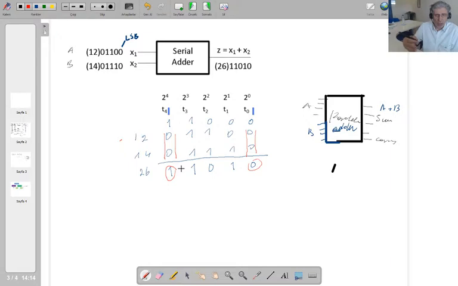This tells us this serial ladder is not a combinational circuit. Why is that? Because for the same input, you are getting different outputs. In a combinational circuit, we said if you know the inputs, you can uniquely determine what the output is. So this serial ladder is not a combinational circuit.